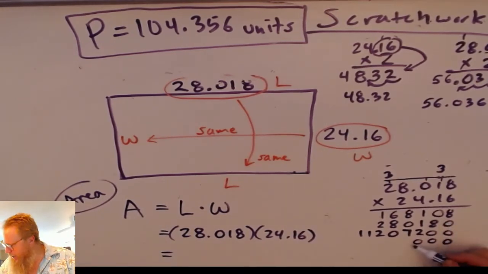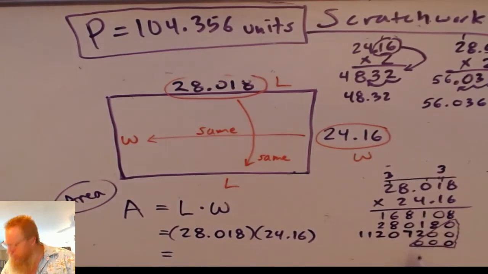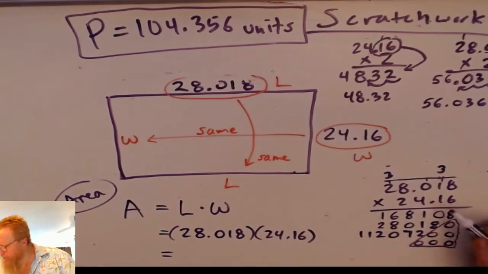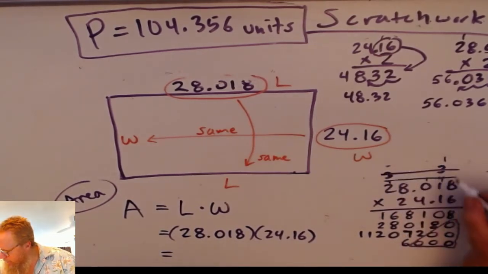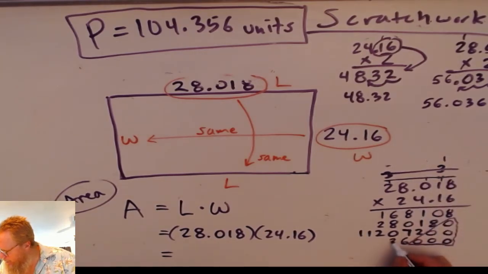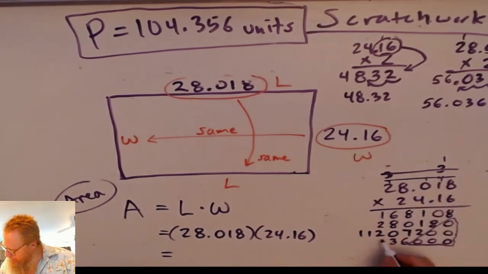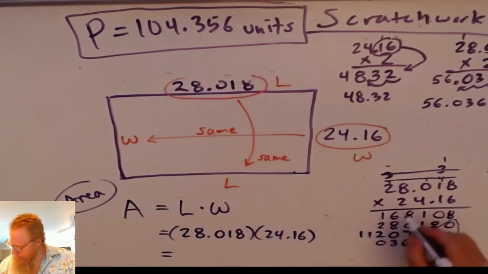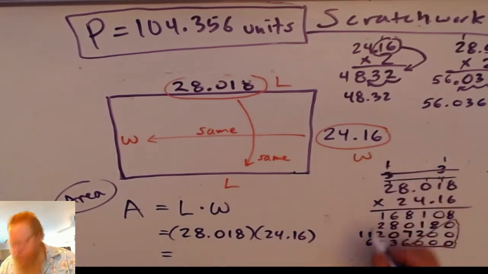There's that triangle I was talking about in part 1 of this lecture, that lower triangle there. You got to be neat and careful with your numbers. 2 times 8 is 16. Carry the 1. 2 times 1 is 2, plus 1 is 3. 2 times 0 is 0. 2 times 8 is 16, carry the 1, and 2 times 2 is 4, plus 1 is 5.